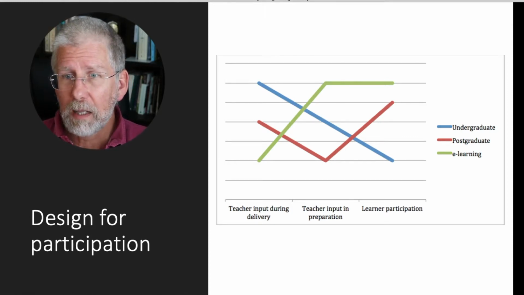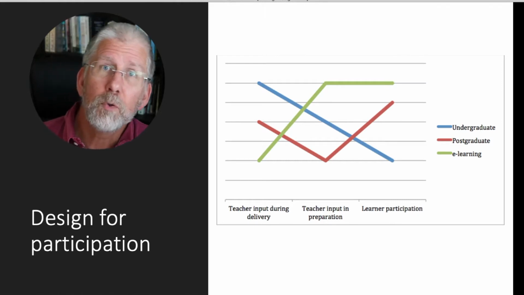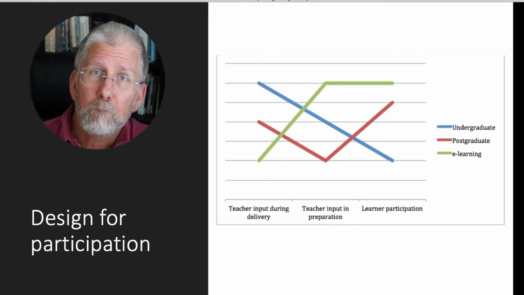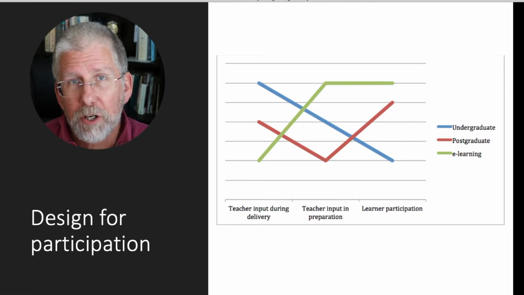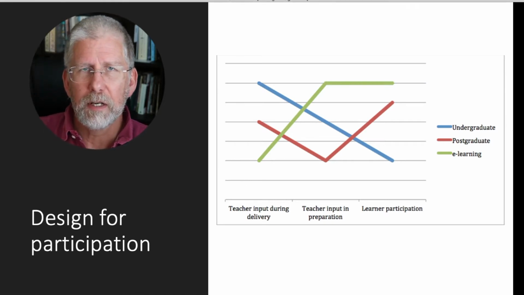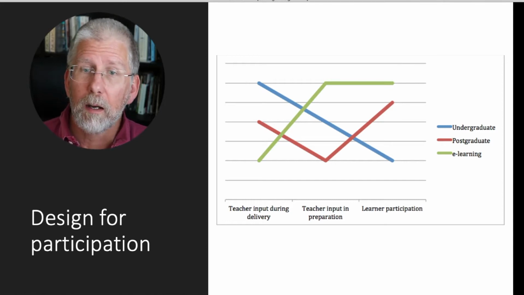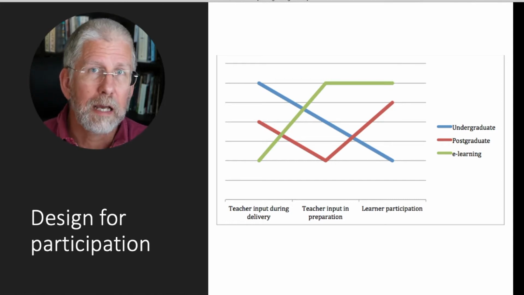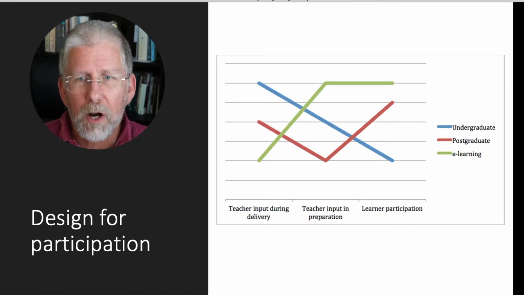If instead we look at the red line, we see that in postgraduate education, the second chart we saw, the teacher input during delivery is lower, because the teacher is not lecturing all the time. There are more student seminars happening.